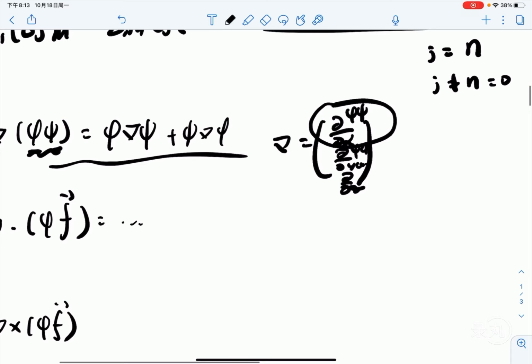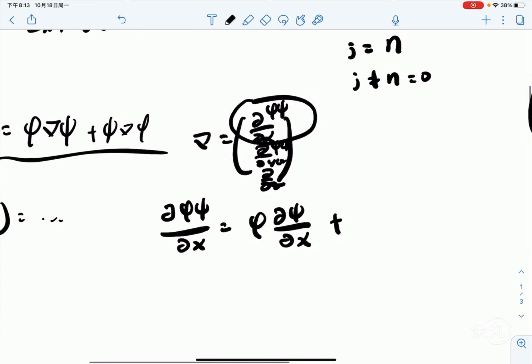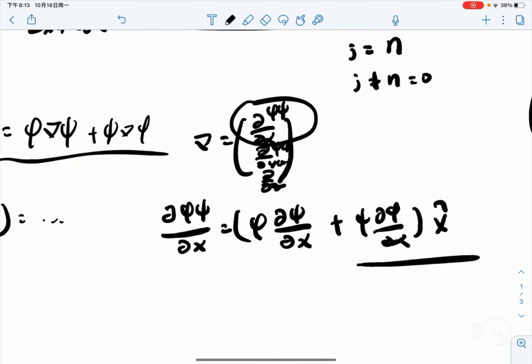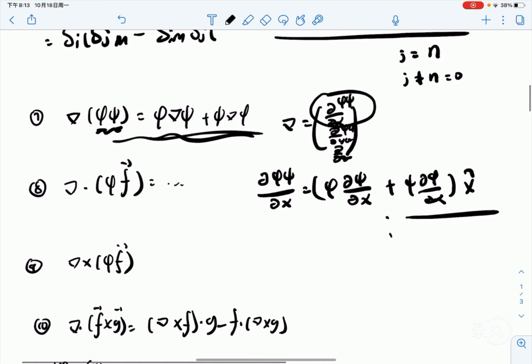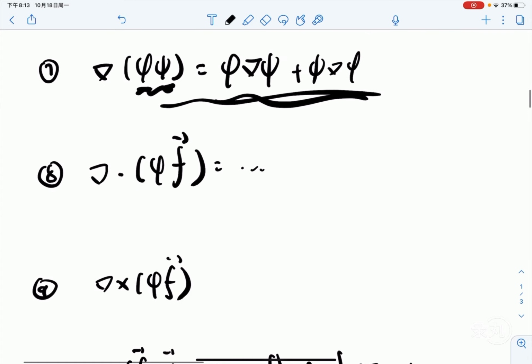By the chain rule, this is just going to be equal to phi x plus, chain rule by x in the x direction. So you can see that these terms are just equal to each other if we go down the list. Okay, moving on to the second one, which is this.